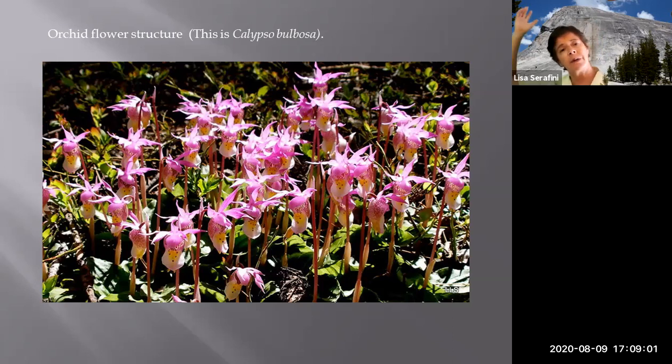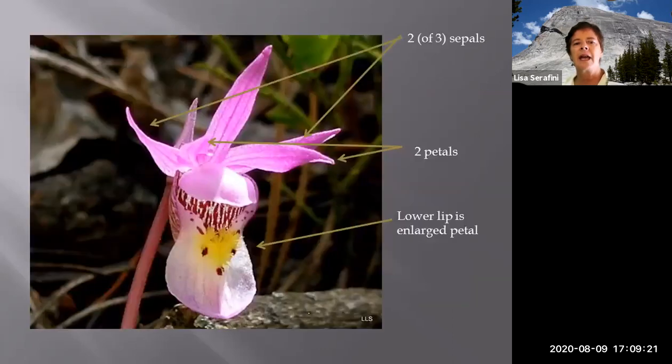Most of them grow up in trees so that they can get the sunlight, but we do have native orchids in California. This is one that we have in California, but this picture, full disclosure, is actually from Colorado. This is the Calypso orchid, or Calypso bulbosa. It's a beautiful orchid. And we'll just use this to talk about orchid structure in general.